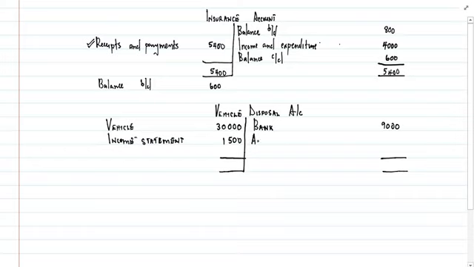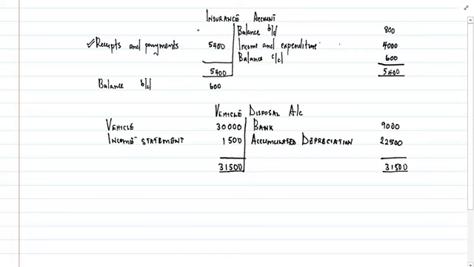So accumulated depreciation, the total here 31,500. 31,500 minus 9,000, that amounts to 22,500.